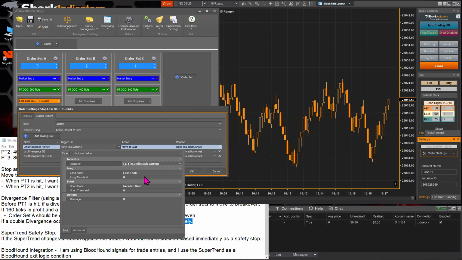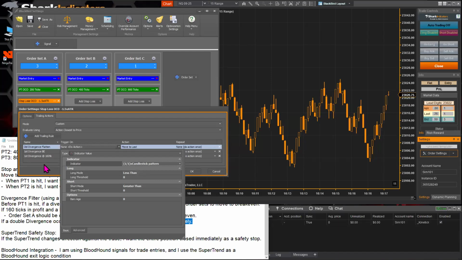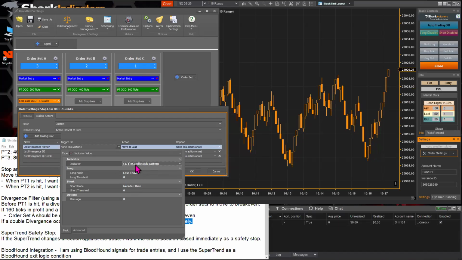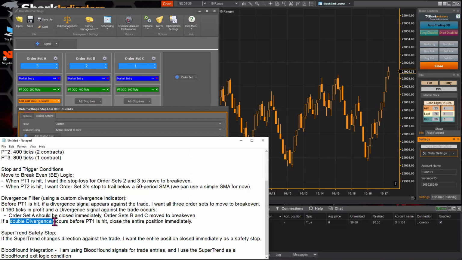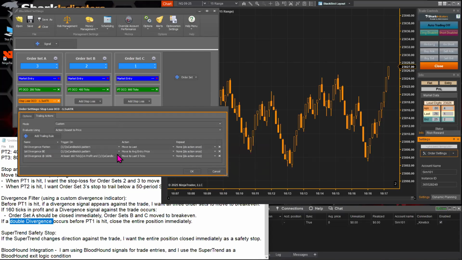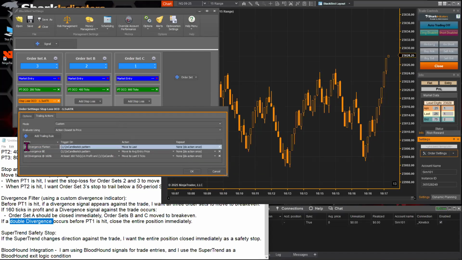Okay, so there you go. Set up, plug in the divergence indicator. Make sure you select the correct plot that's telling Blackbird that there is a double divergence. And here's our double divergence there.